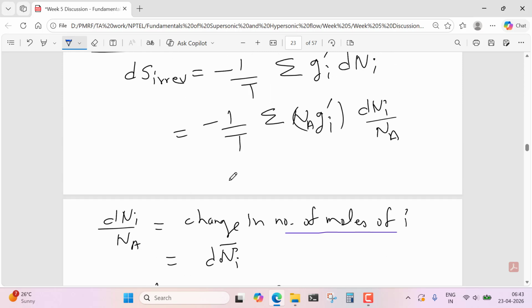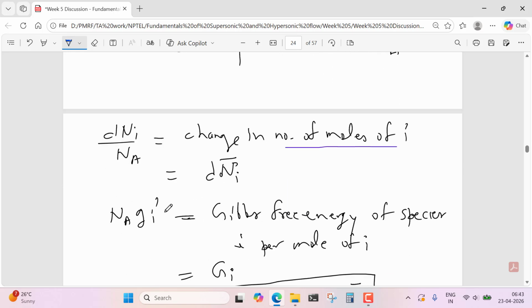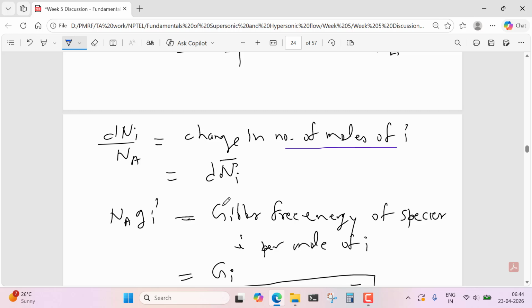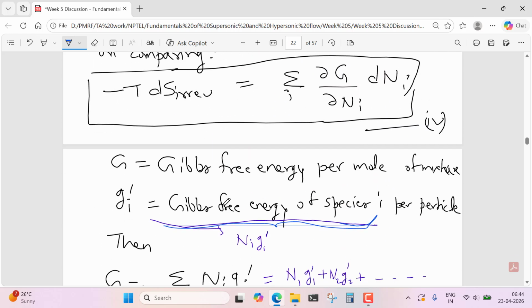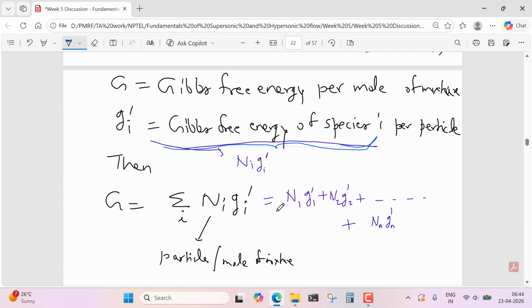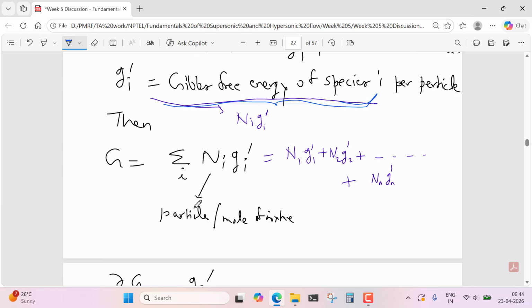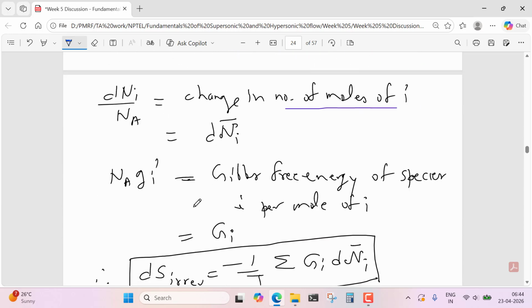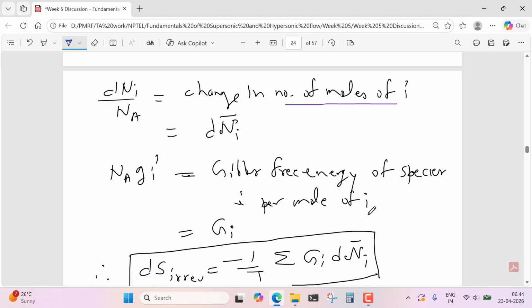And Gi dash will be equal to what? Gi dash was the free energy of species i per particle. If we multiply it by Na, then it will be per mole of species i, so it will be equal to Gi.